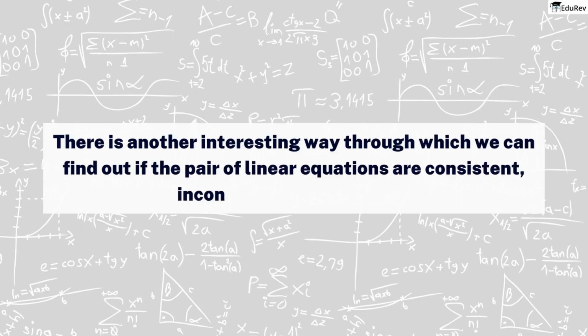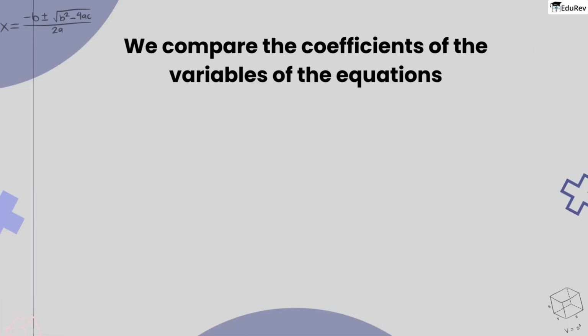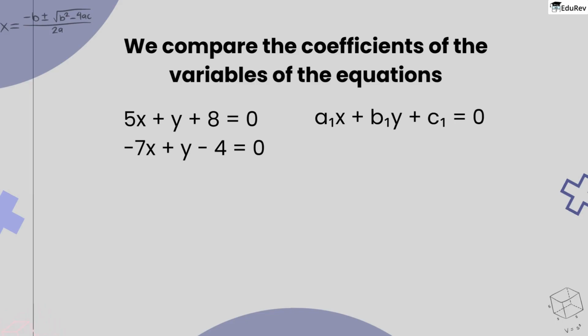Now students, there is another interesting way through which we can find out if the pair of linear equations are consistent, inconsistent or coincident. We compare the coefficients of the variables of these equations. In case of 5x plus y plus 8 equals 0 and minus 7x plus y minus 4 equals 0, the equations are of the form a1x plus b1y plus c1 equals 0 and a2x plus b2y plus c2 equals 0.